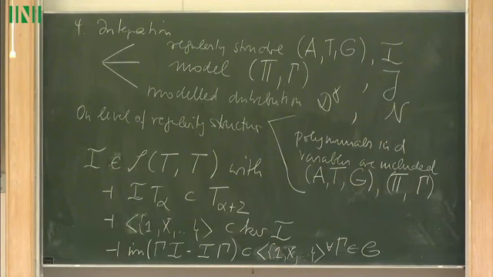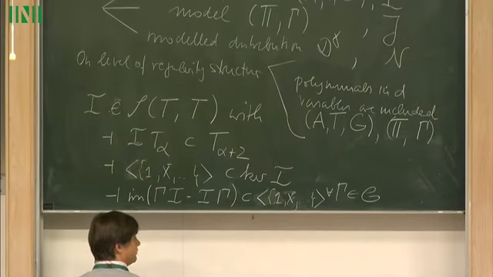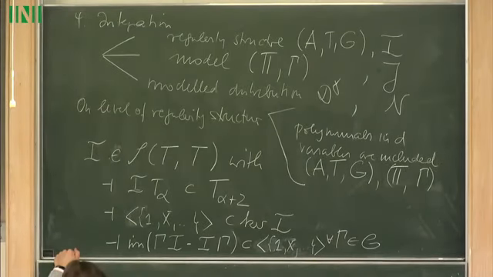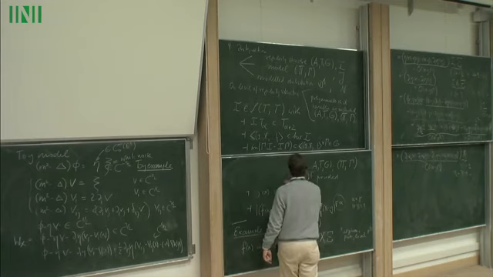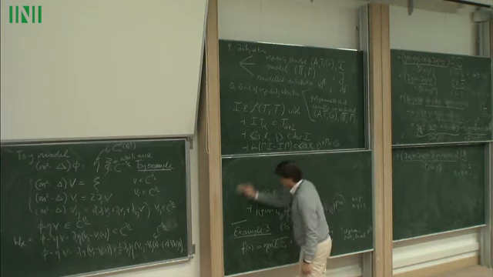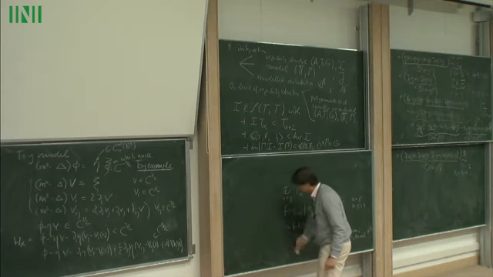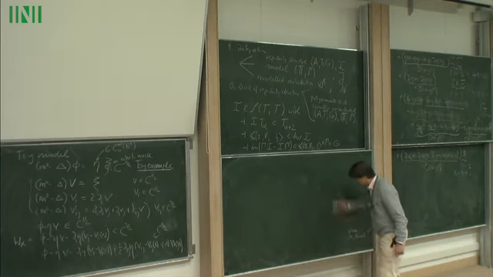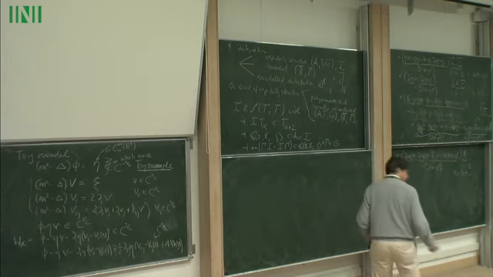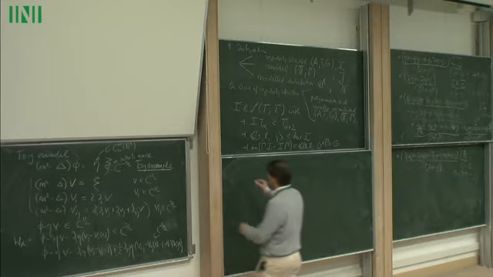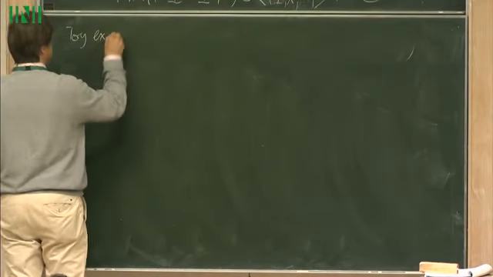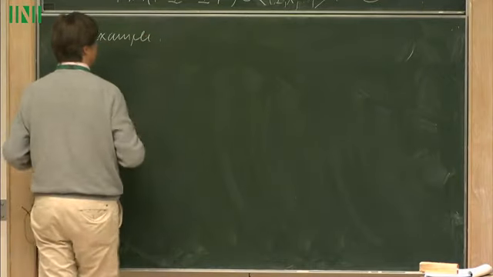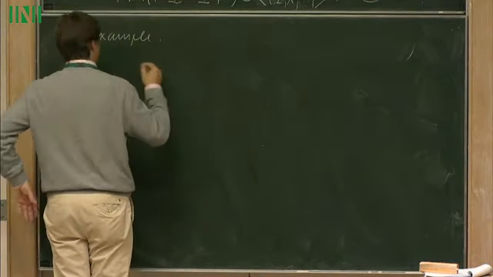So those are the three abstract conditions, and let's immediately make a sanity check that this fits nicely with our model. So remember that in our toy example, we had the following three groups.